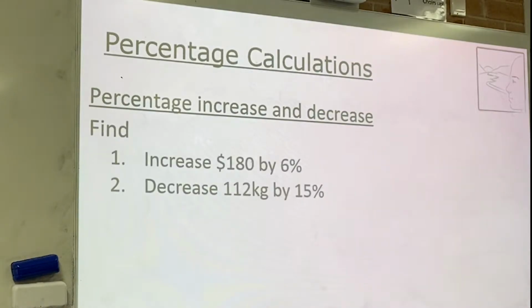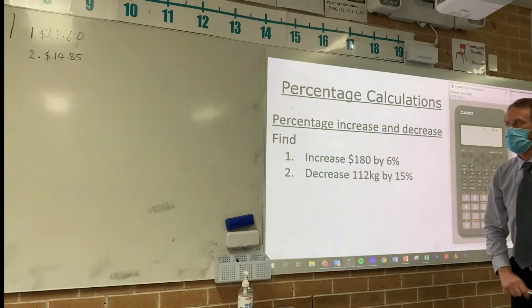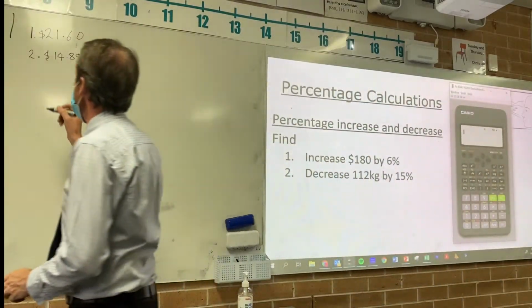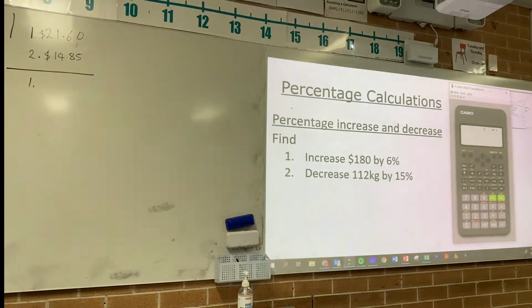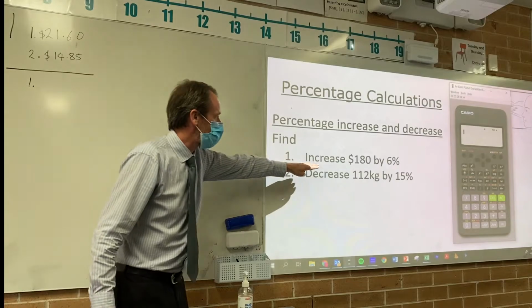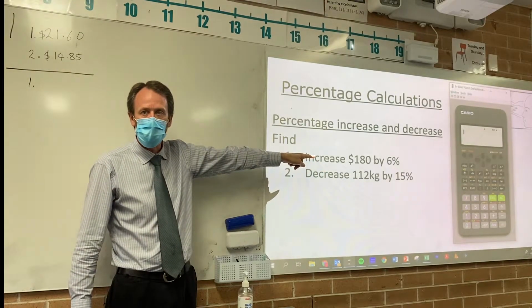All right, let's move on to our next question, where this time we actually want to increase by a percentage. Now, again, I'm going to say you can use your calculator. But let me show you the maths that we're really using for this sort of question. If I'm going to increase, is my answer going to be higher or lower than 180?